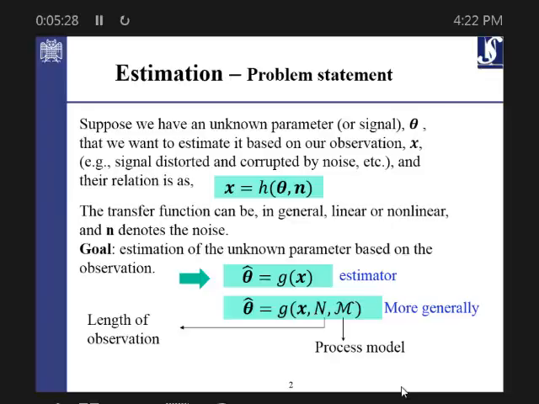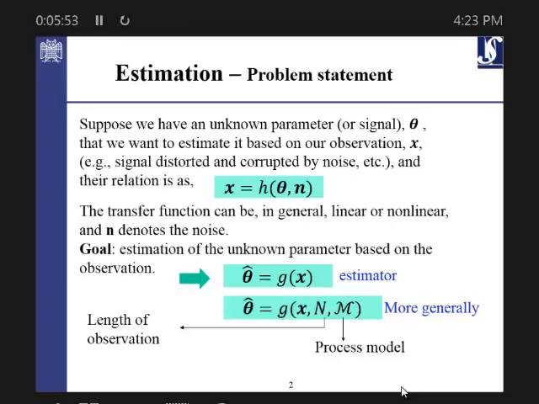Any kind of estimate that you make is finally called theta hat. So theta hat is your estimate about the parameters of the model, and the entire thing is called a model. A model is something that contains your signal and your system.